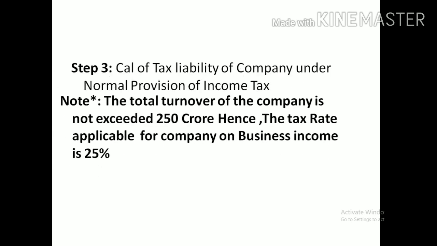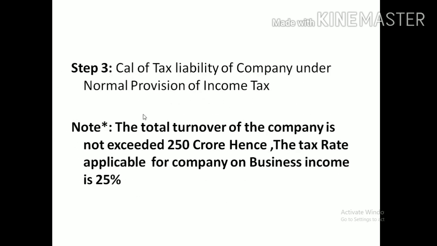Then go for the calculation, that is tax liability under normal provisions of Income Tax Act. Okay, then please observe this condition. If the company total turnover does not exceed 250 crores, then the tax rate applicable as normal is 25%. Okay, this company's turnover is less than 250 crores.